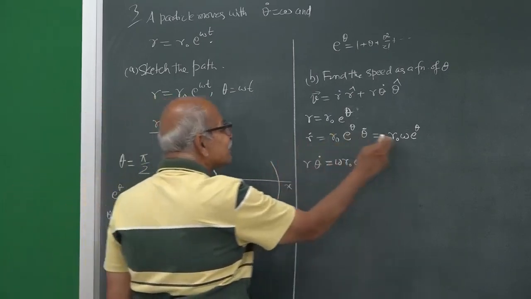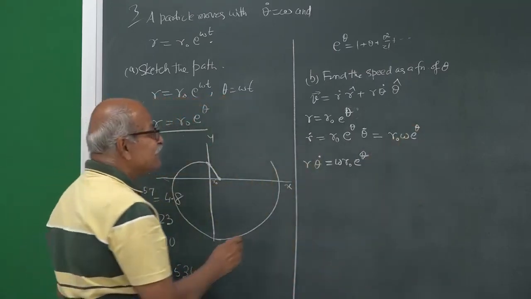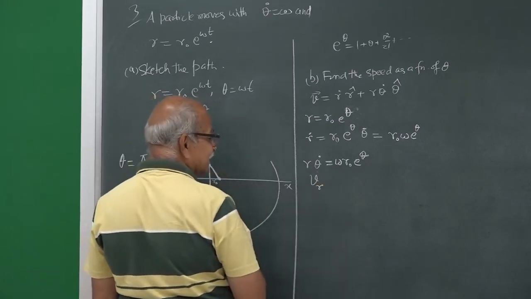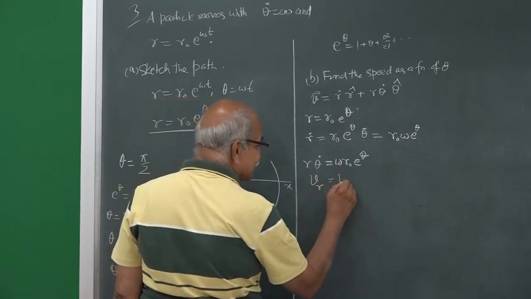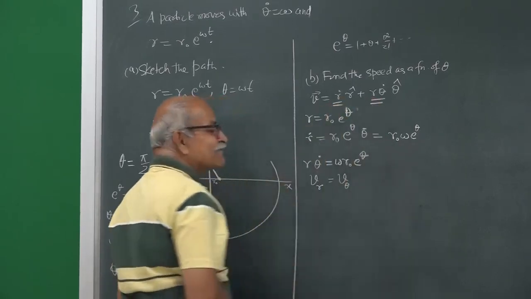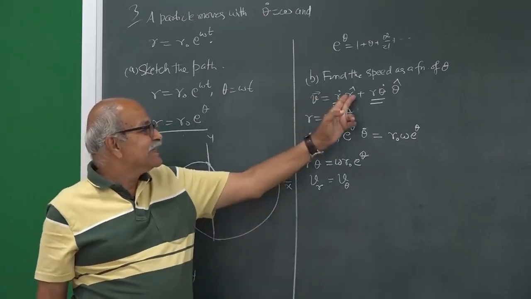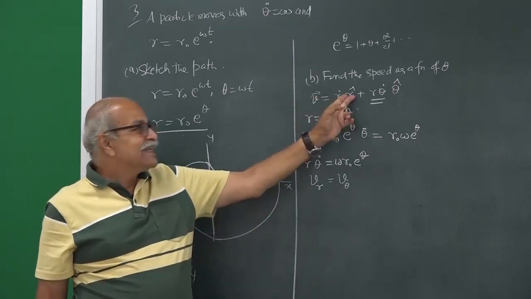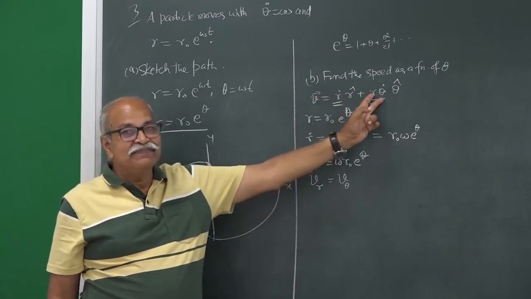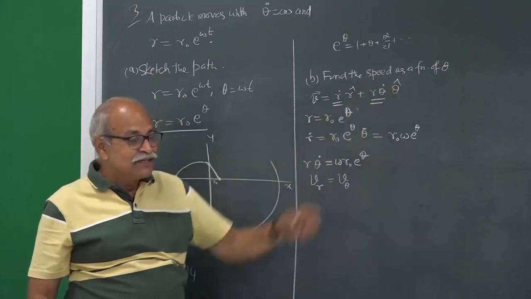That means Vr, the r component of the velocity, is same as the theta component of the velocity. The component of velocity in r cap direction is same as the component r theta dot in theta cap direction.